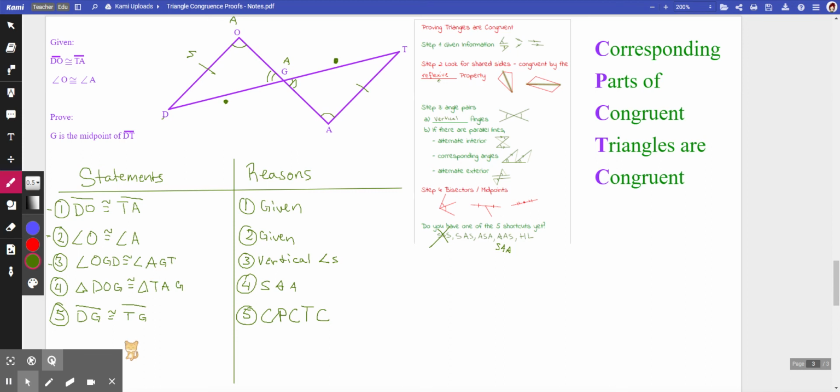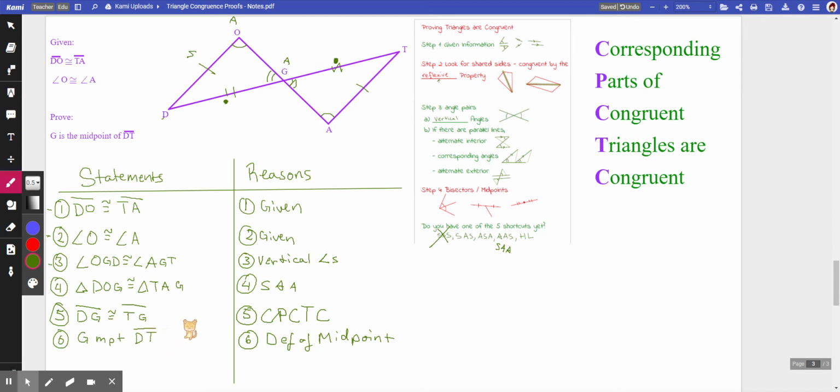But now I'm not all the way done. I want to prove that G is the midpoint of DT. And so now I've shown that these segments are congruent, and that is the definition of midpoint. So now I can say that G is the midpoint by definition of midpoint. So definition of midpoint is used to switch between these 2 statements. If I gave you this, you would say this using definition of midpoint.